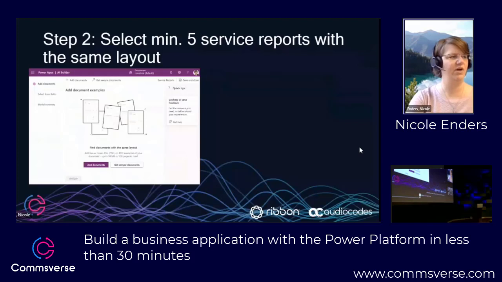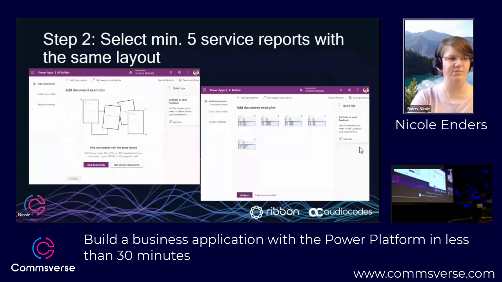So if we have named our model, then the next one is that we need to define what we are looking for. So we will need our documents and to upload them. You see a little preview here.